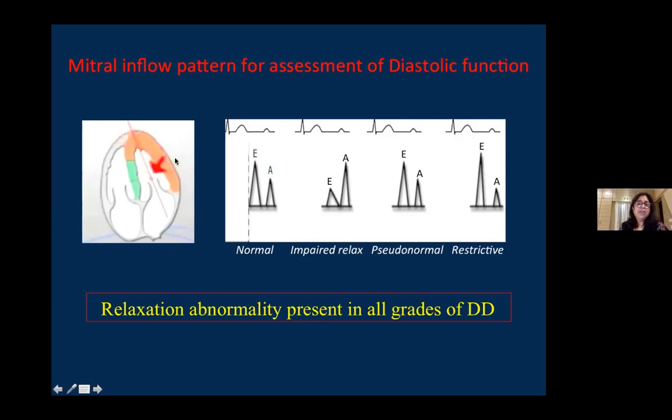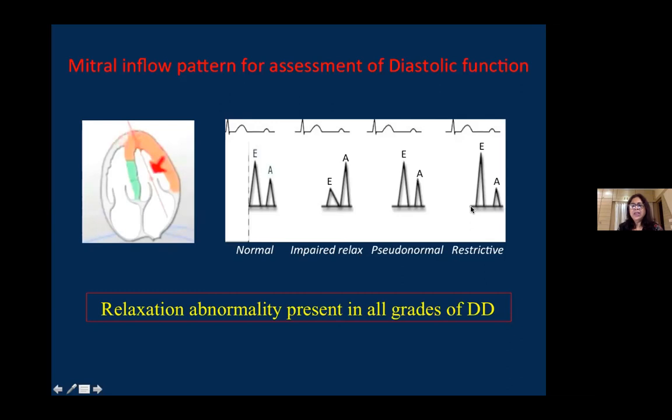So blood is not able to move from the left atrium to the left ventricle. So we see, though the LA pressure is very, very high, still the left atrium is unable to pump the blood to the left ventricle because of LV non-compliance.